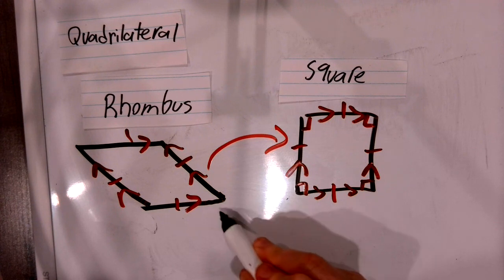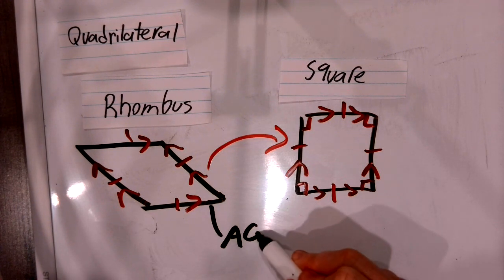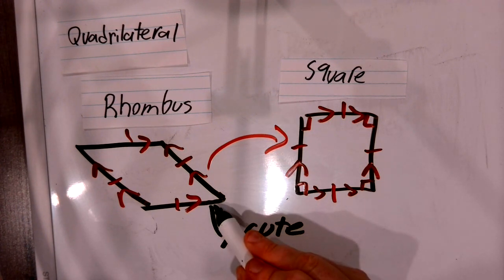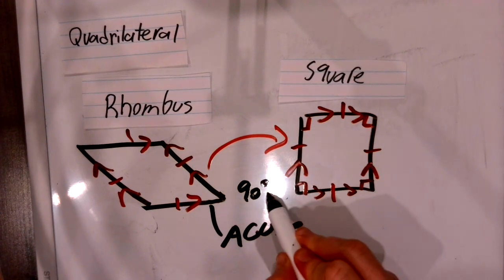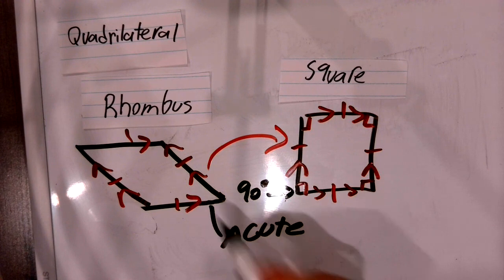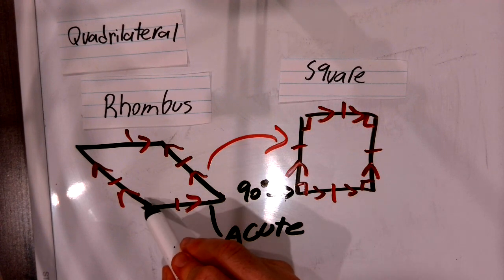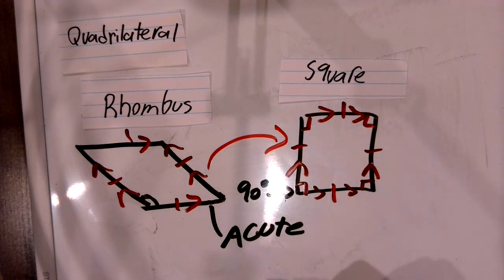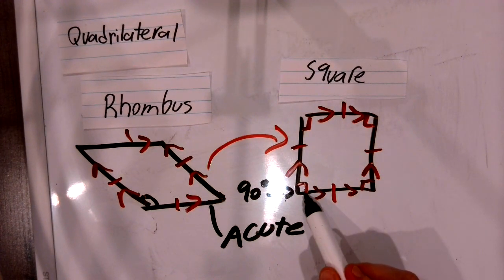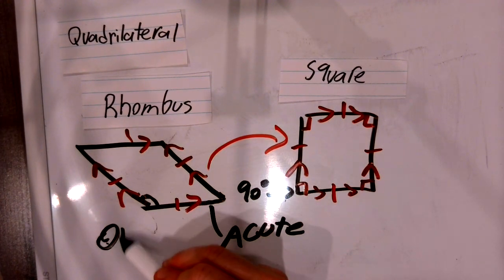So what did we say that was? Acute. Because this angle is smaller than a right angle, 90 degrees, which can be seen in a square, it's acute. Now this angle right here, it's bigger than 90 degrees, which is in a square. So it is obtuse.